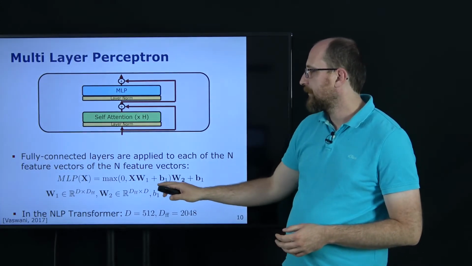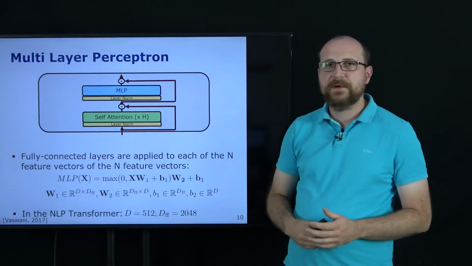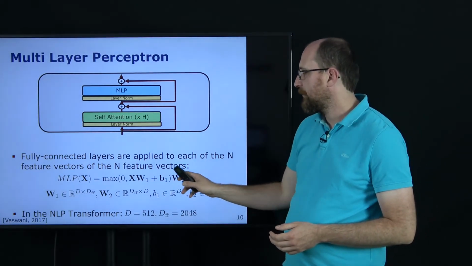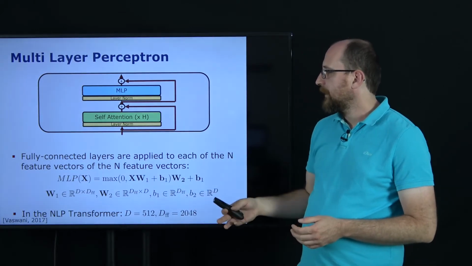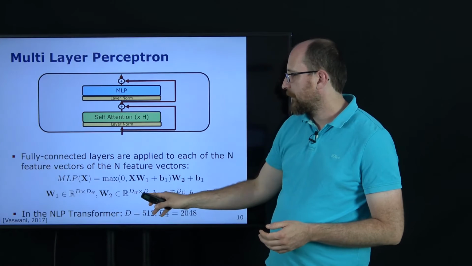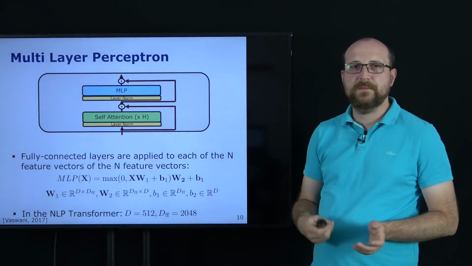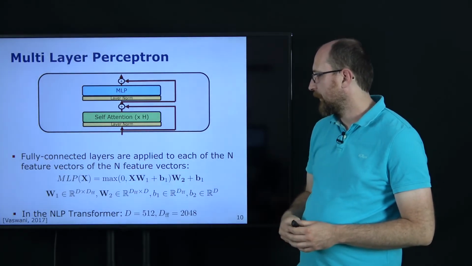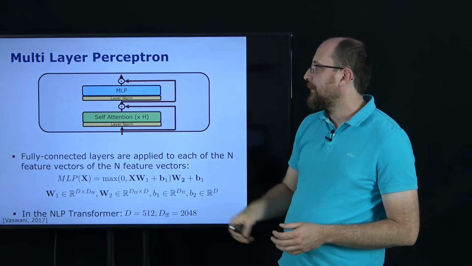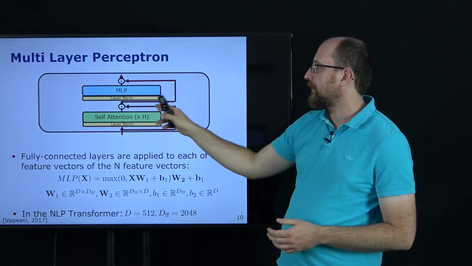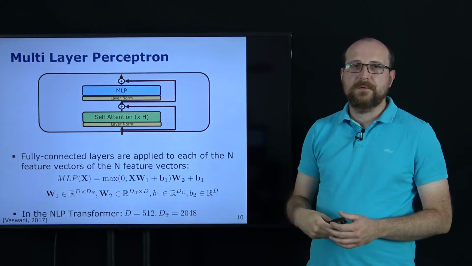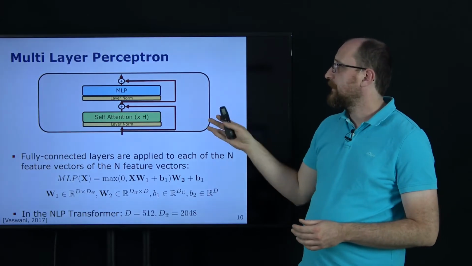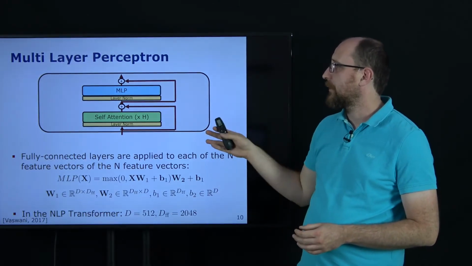And then we have our bias. And as you can see here, we have a ReLU activation, that is our nonlinearity in this case. And then we have a second layer that just projects the d_ff dimensional vector back to the d-dimensional vectors that we want to have, and then produce our output again. So this is then the MLP layer that we have. And around that we have our skip connections that help again to train deeper architectures. And this is basically then our transformer block.